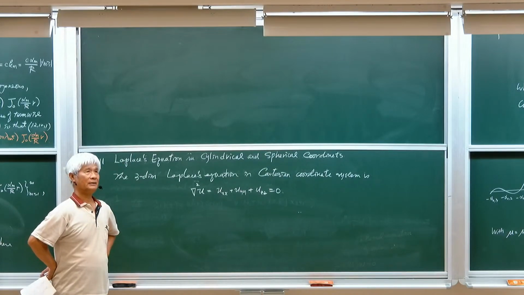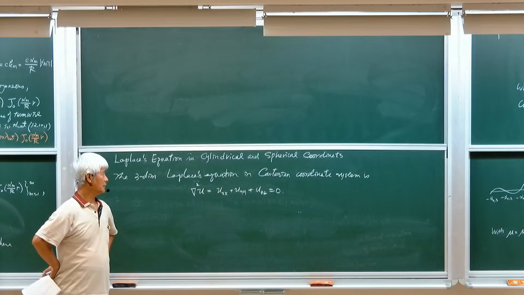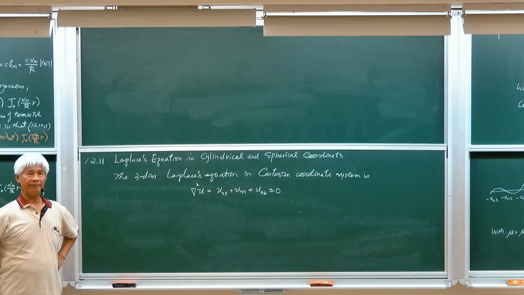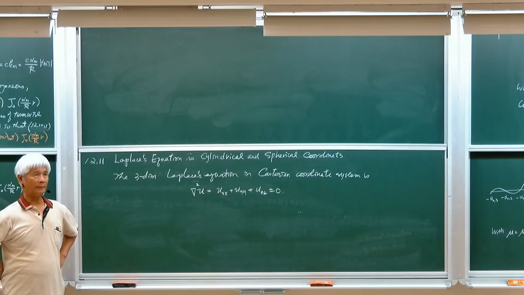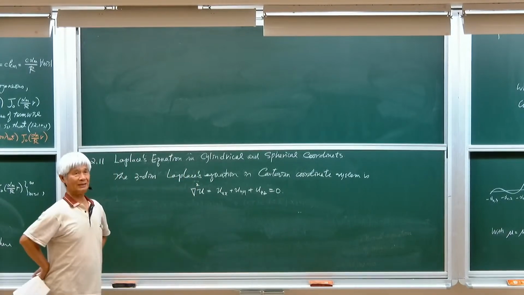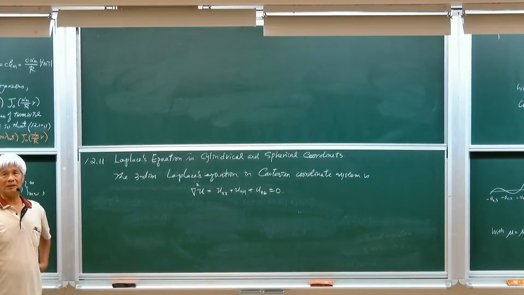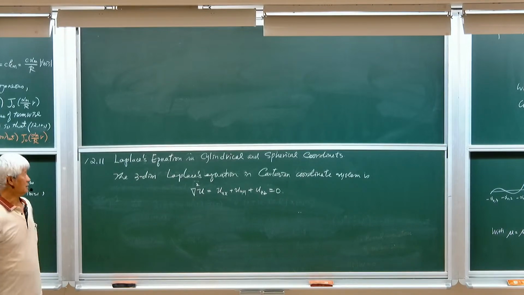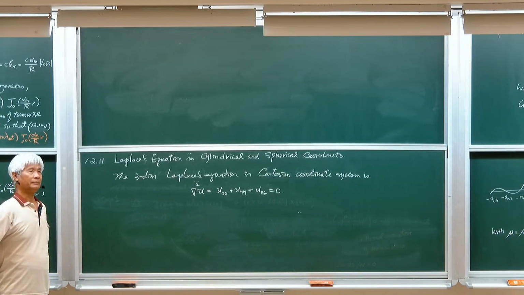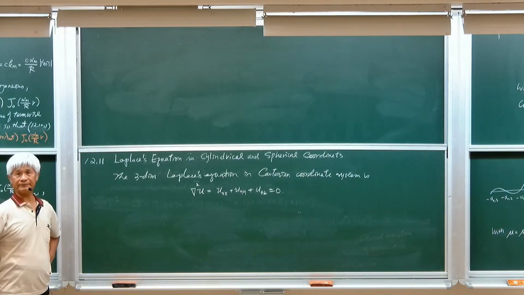So they are regions that are not rectangular. It would be more appropriate to consider the Laplace equation in a cylindrical coordinate system or in a spherical coordinate system. And in many situations we can still apply the method of separating variables to solve the problem.